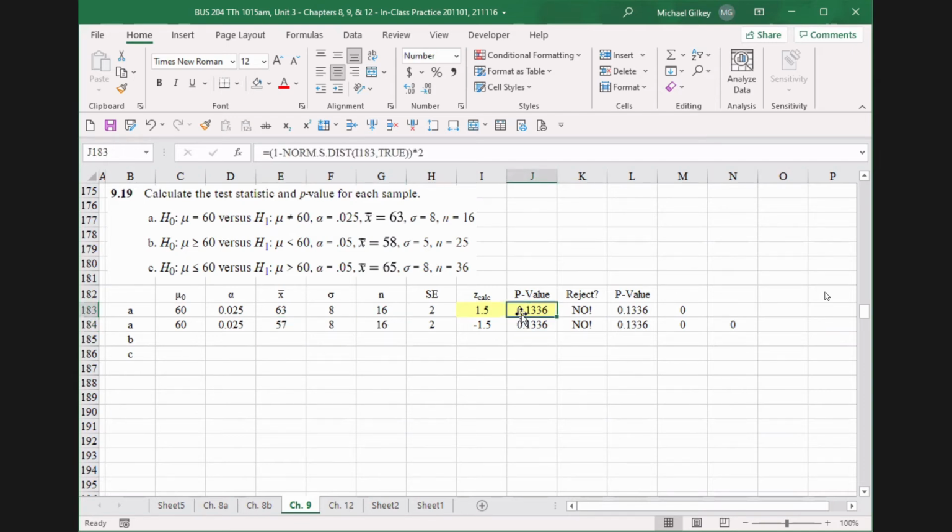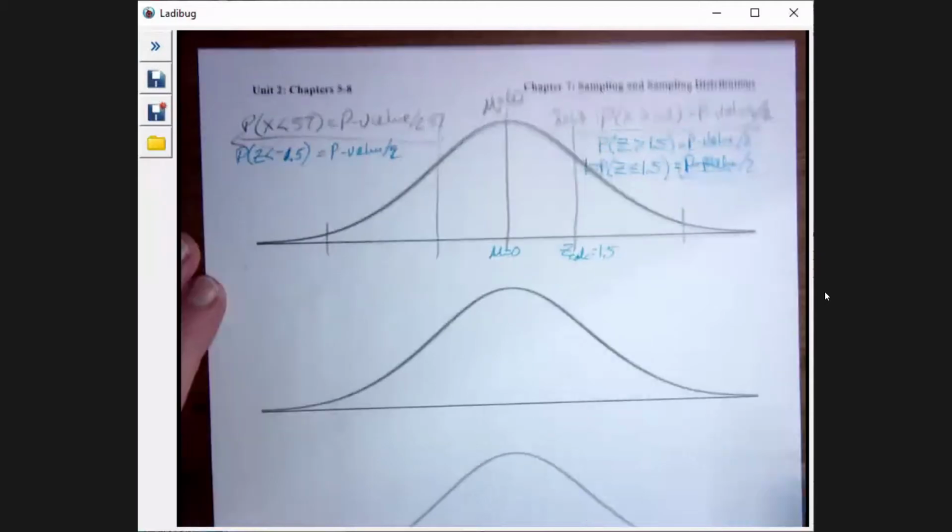But you always have to multiply by 2 because it's a two-tailed test, and you have to consider both extremes, both below and above. Does that make sense? Yeah. Okay. So keep that in mind when you're doing a two-tailed test.